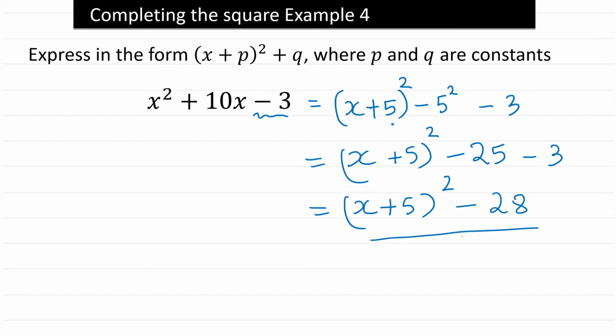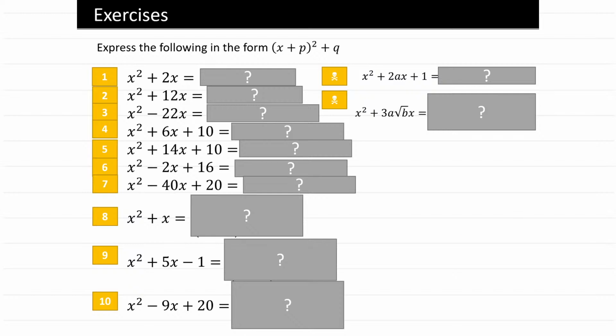So hopefully you understand so far what is going on. Alright guys, so I'm going to give you some exercise here. If you just try and do some questions, not all of them, and then I will display all the answers.